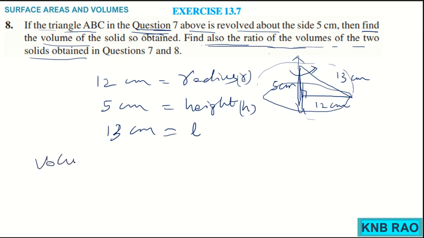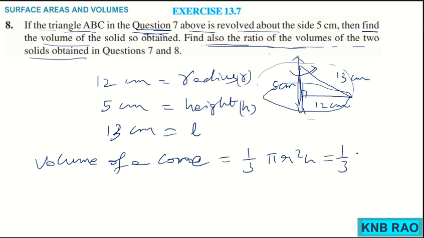So, volume of a cone is 1/3 pi r square h. On substitution, 1/3 into 22/7, r is 12 square, into 5. On simplification, instead of pi I am taking 3.14 only.